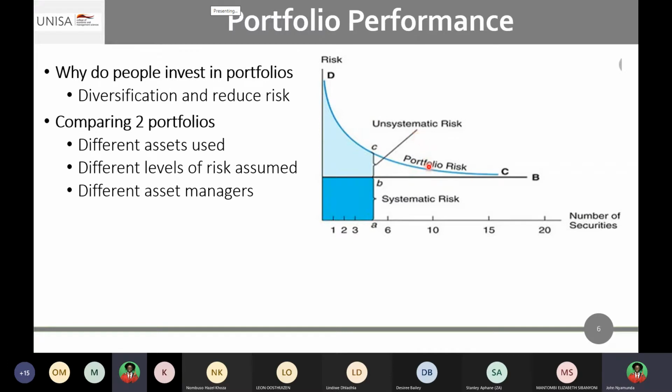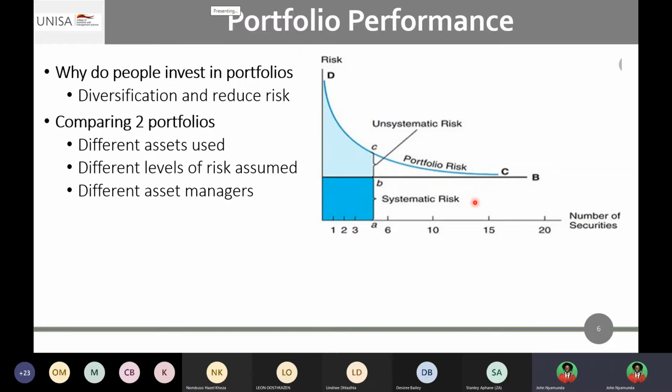That is the well-diversified portfolio we're talking about. It's completely gone. We are only faced with systematic risk. In theory, there's a theory which says between 10 and 15 securities, that's where you are completely diversified and only facing systematic risk.